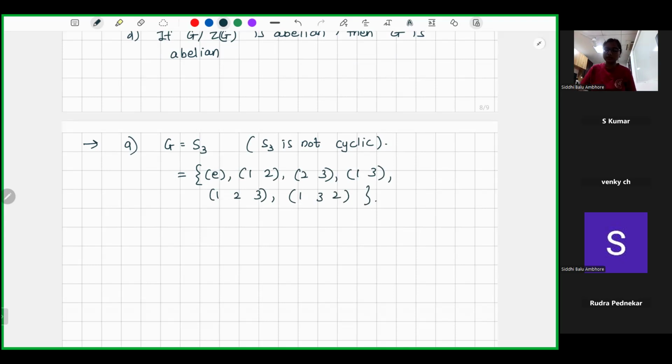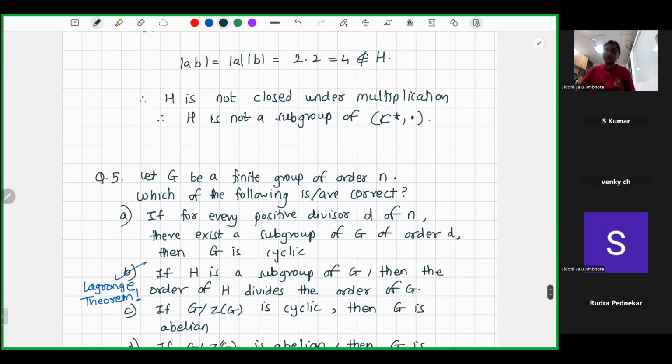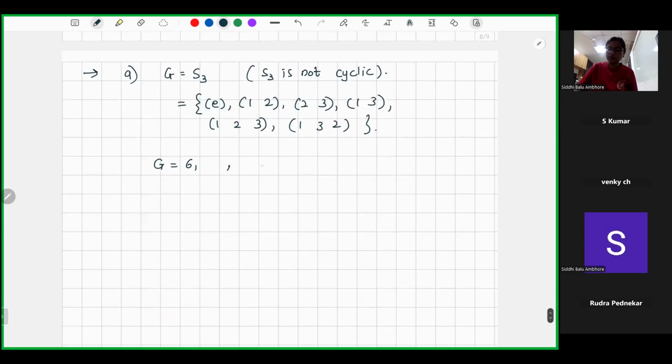And since the size of G is 6, they say every positive divisor D of it. So all the positive divisors of 6 are 1, 2, 3, and 6.